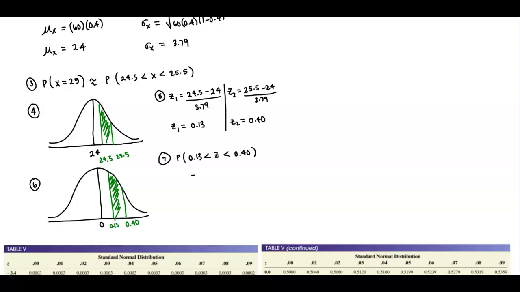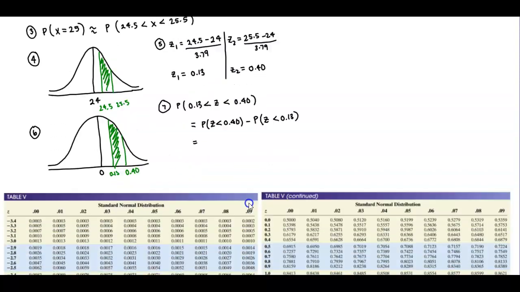That equals the probability of z being less than 0.40, minus the probability of z being less than 0.13, to find the value in between.